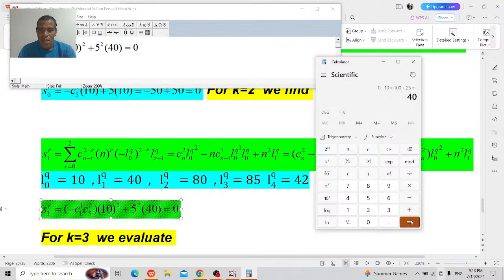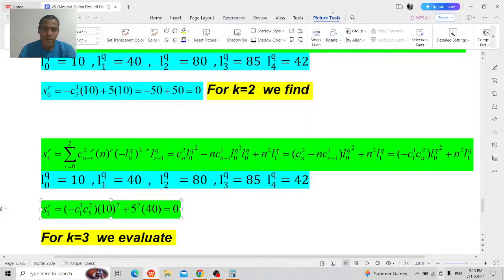So this has to be equal to 0. Therefore, S1, learners, is 0. S1 is 0. We continue.